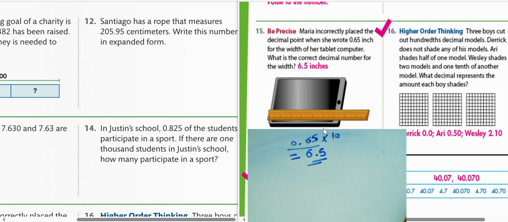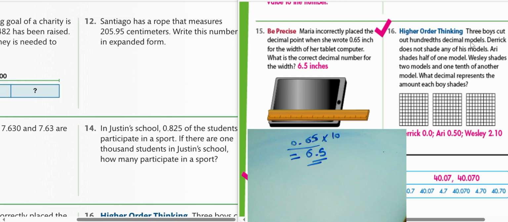We can write 6 and a half inches. Count with me. 1, 2, 3, 4, 5, 6 and a half. This is not correct. Next question.